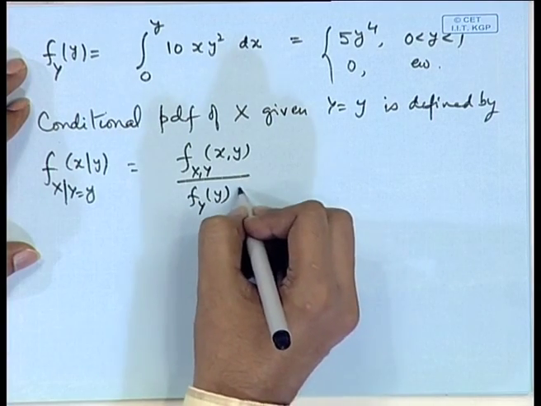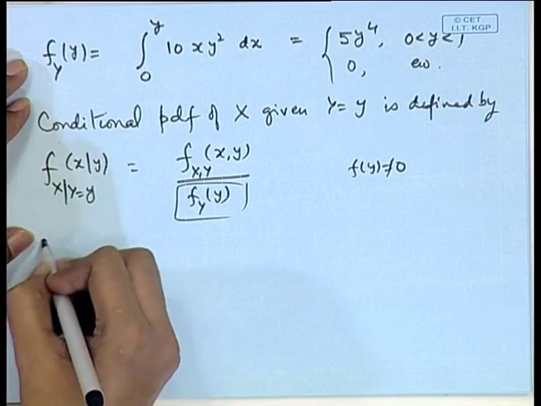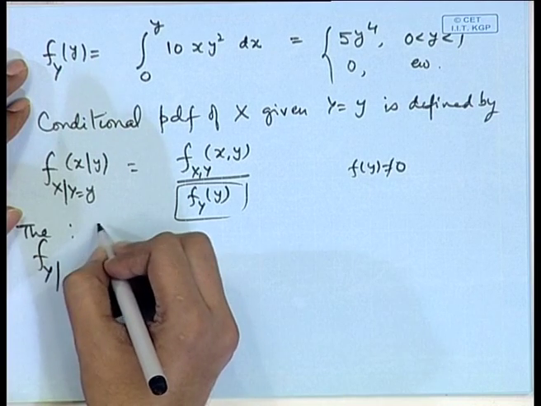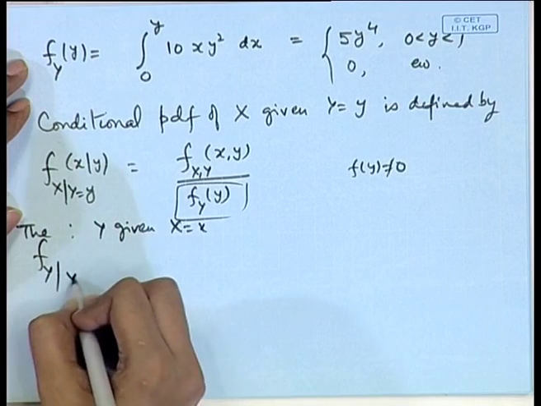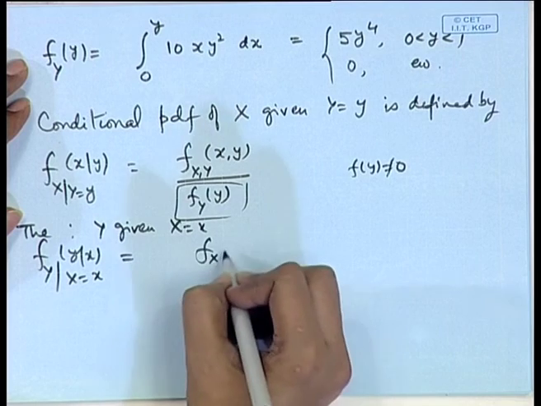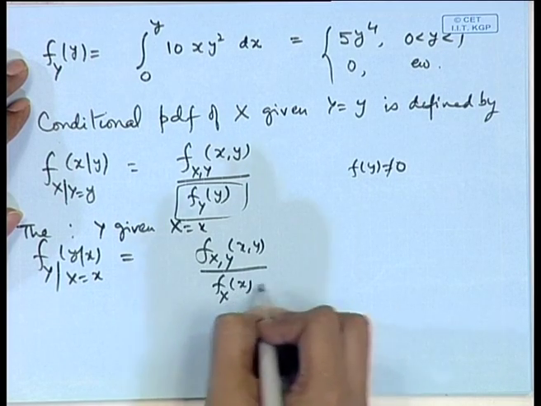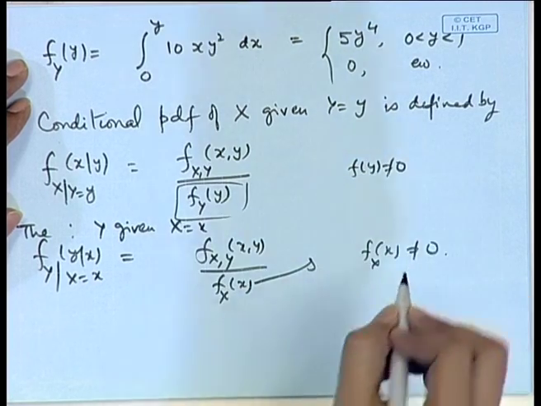Of course, this is defined for f_Y non-zero. In a similar way, the distribution of y given x is defined as the joint distribution divided by the marginal distribution of x, and of course, this f_X should not be 0.